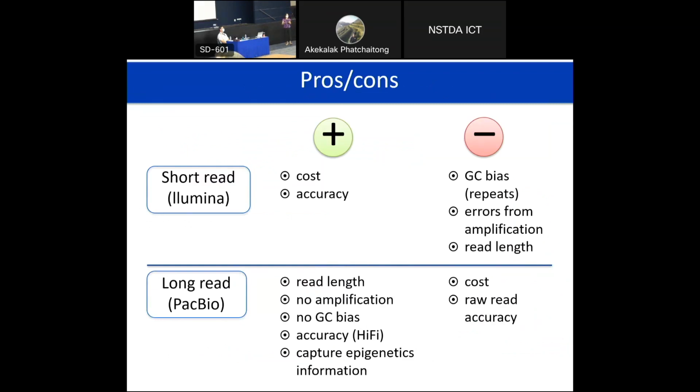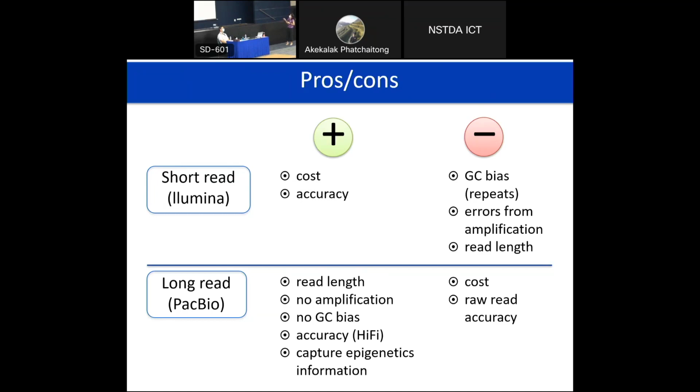You can sequence pretty much anything. A human genome is probably a couple hundred dollars now. The raw read accuracy is very high, although with PacBio, once you get the consensus sequence, it's equally good. So I think the accuracy could be debatable between Illumina and PacBio.